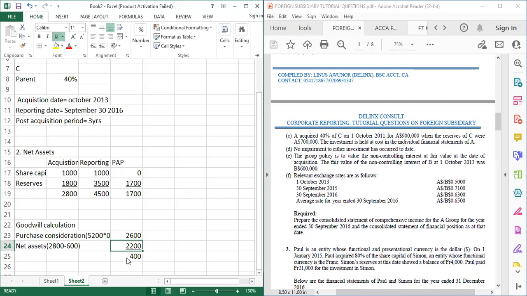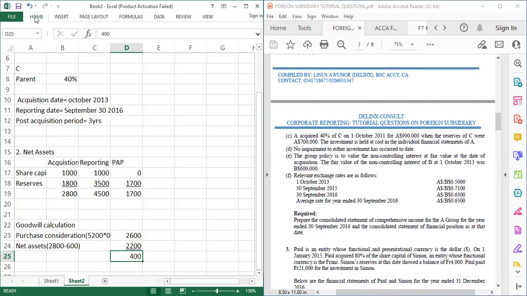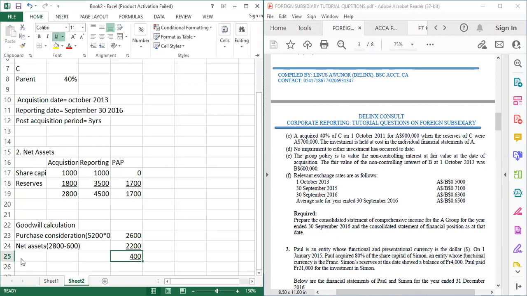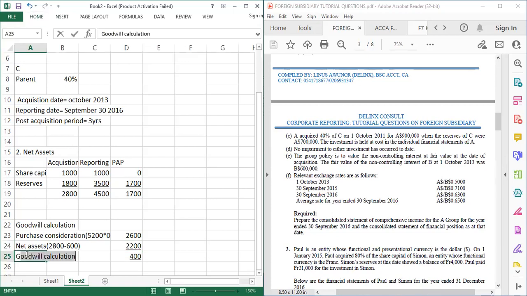Okay. So this is the goodwill. The goodwill is 400. No impairment to either investment has occurred to date, so there is no impairment of goodwill. If there's an impairment of goodwill, they will say 10%. We calculate 10% on this one and add it to administrative expenses or cost of sales.